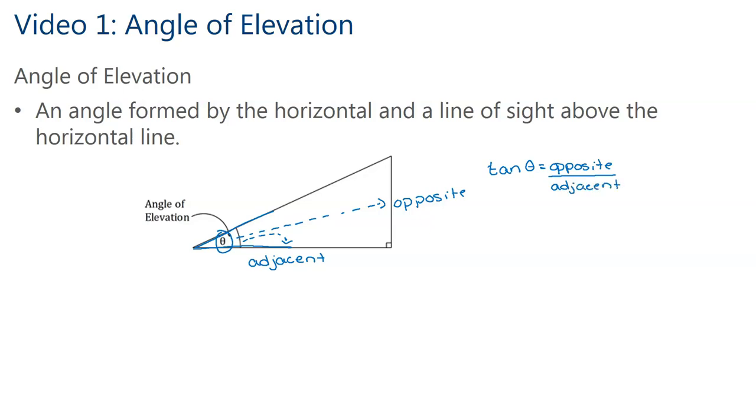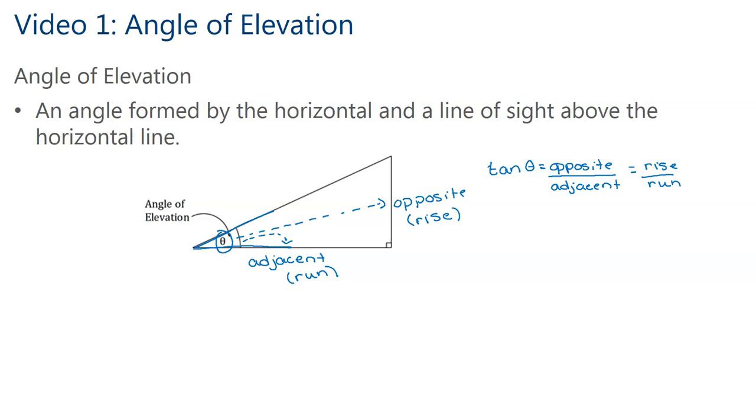Now you might notice that the opposite is basically like the rise, and the adjacent is the same as the run. So that means that the tangent ratio is equal to rise over run, which is just the slope. So that's the connection between slope and the angle of elevation.